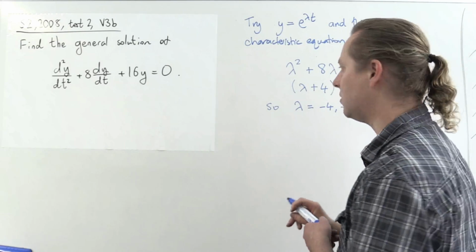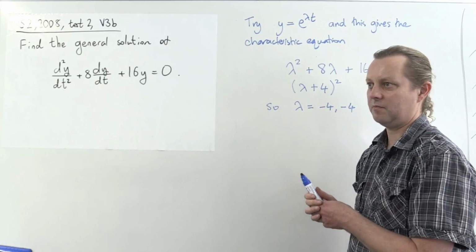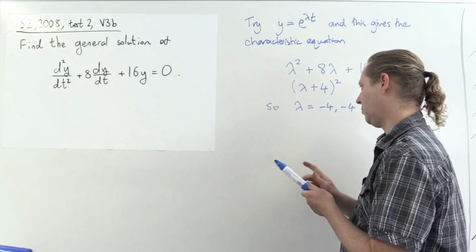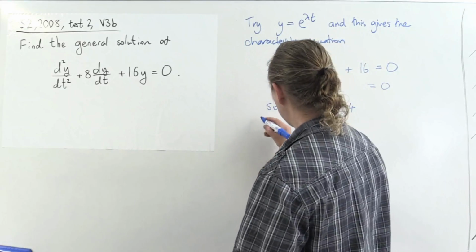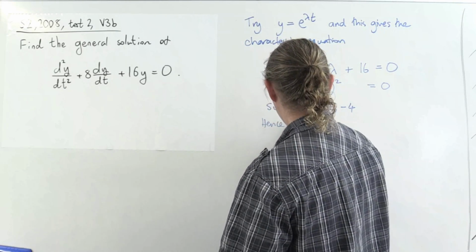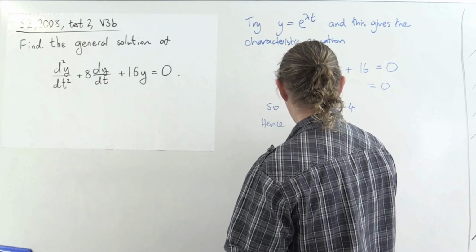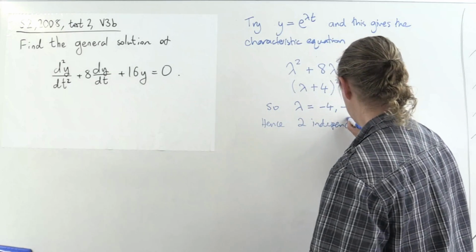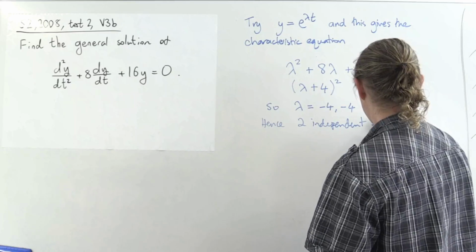but we need two independent ones, and there's a standard method to write down the second one. So hence two independent solutions.